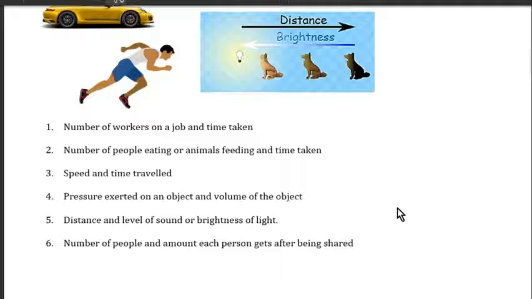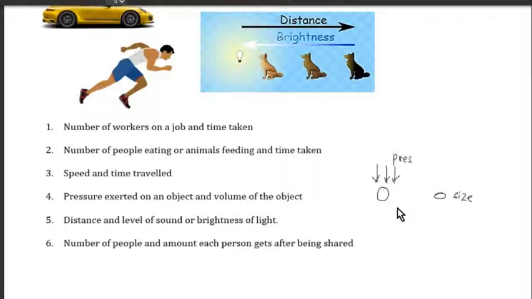Another example is pressure exerted on an object and the volume of the object. So let's assume we have an object like this, and then we exert pressure on it. The more pressure we exert on it, the object will shrink in size. So as the pressure increases, the size of the object decreases.